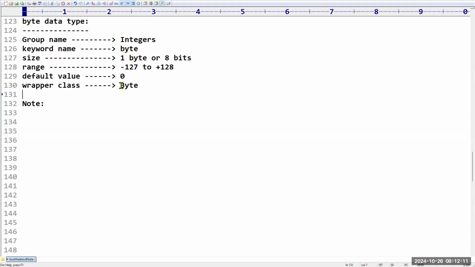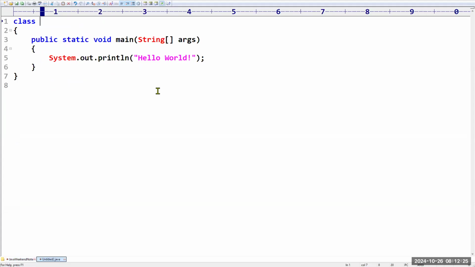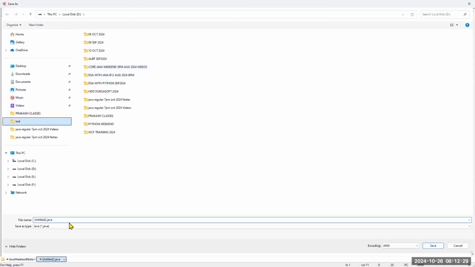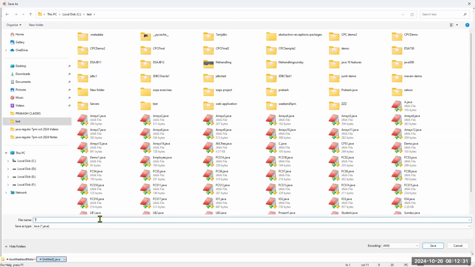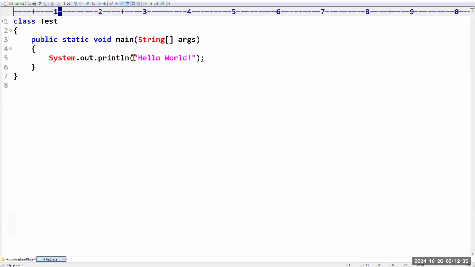As of now, I'm trying to execute one Java program, but people who are very new to Java, please ignore. In tomorrow's class, I will explain how to prepare a Java program. I'm taking one simple Java program and saving it in my folder with the name Test.java. System.out.println is used to print the result.